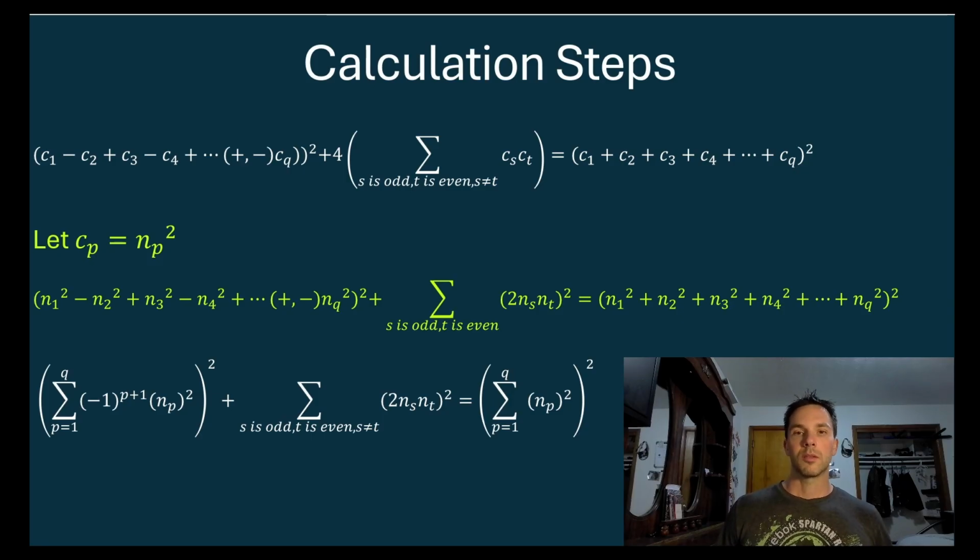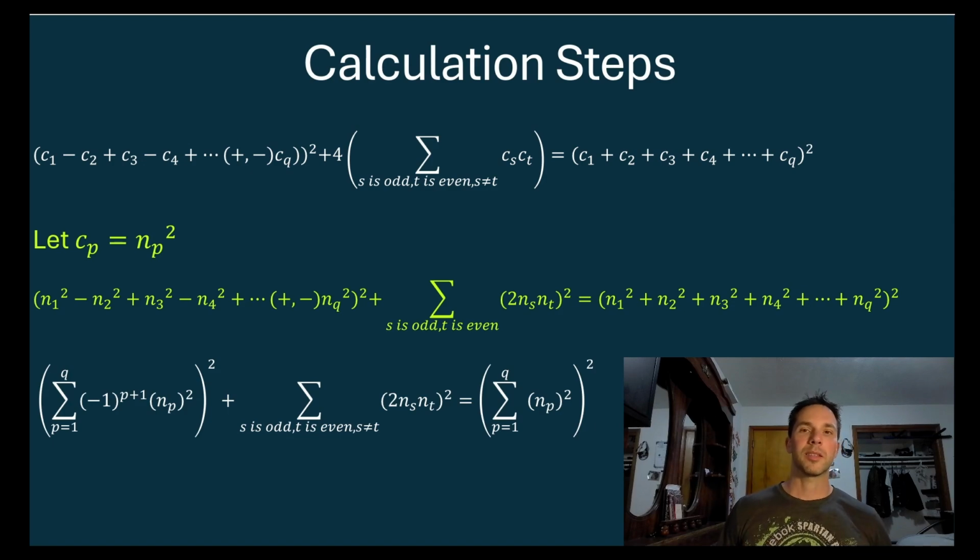So the magic happens again on the second term on the left-hand side, where we recognize that 4 is a square. We make it 2 squared, smash it in with our n, s, and t squared, and encapsulate it all under a square. So now I have a summation of squares there.